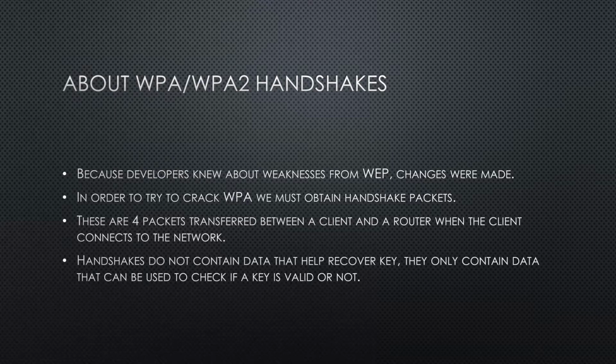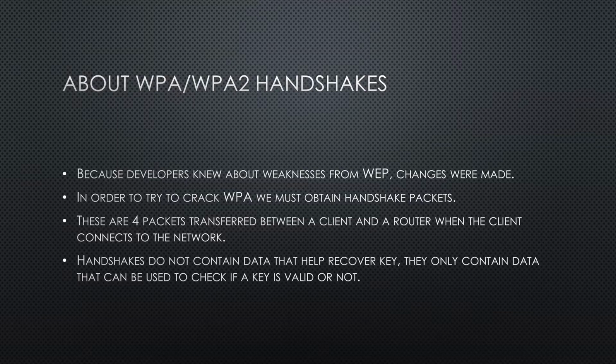So handshakes in general do not contain data that helps to recover the key. They have this thing called a message integrity code. It's built up with a bunch of other different little pieces of information that we use to compare. Well, I'll show you right now.